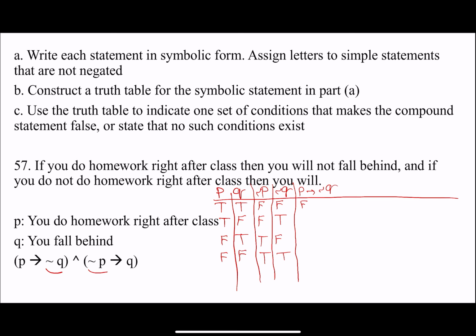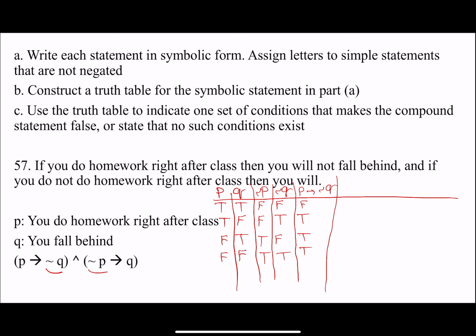Look at the second row. Your start is true, consequent is true, so the conditional is true. Look at the third and fourth rows. Your antecedent is false, so you don't even need to look at your consequent. The conditional statement is considered true.